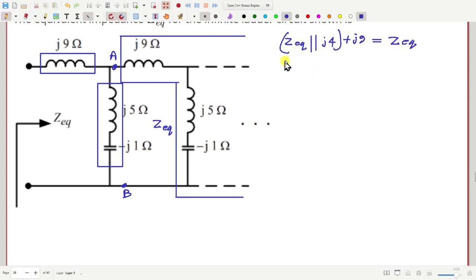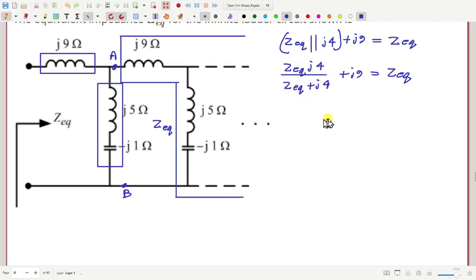Now we can solve this equation. So this will be ZEQ into J4 divided by ZEQ plus J4, plus J9, equals ZEQ on the right side. So we have one equation, one unknown. We can solve it to get the value of ZEQ.